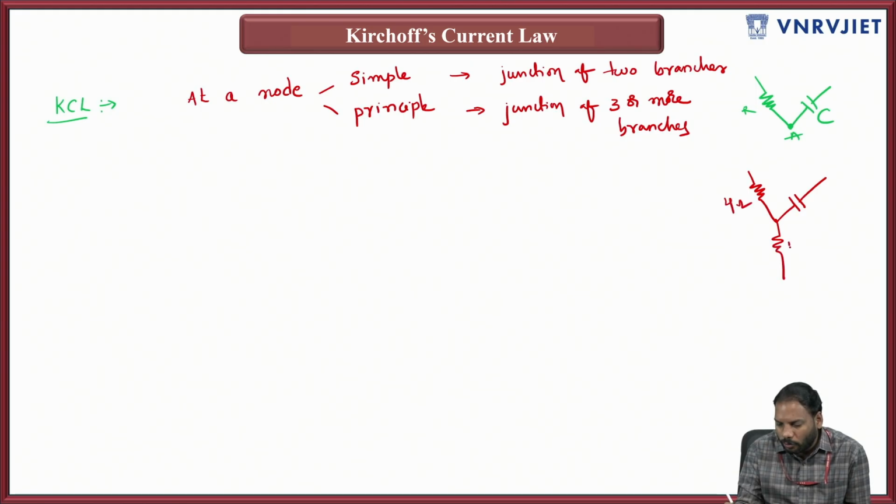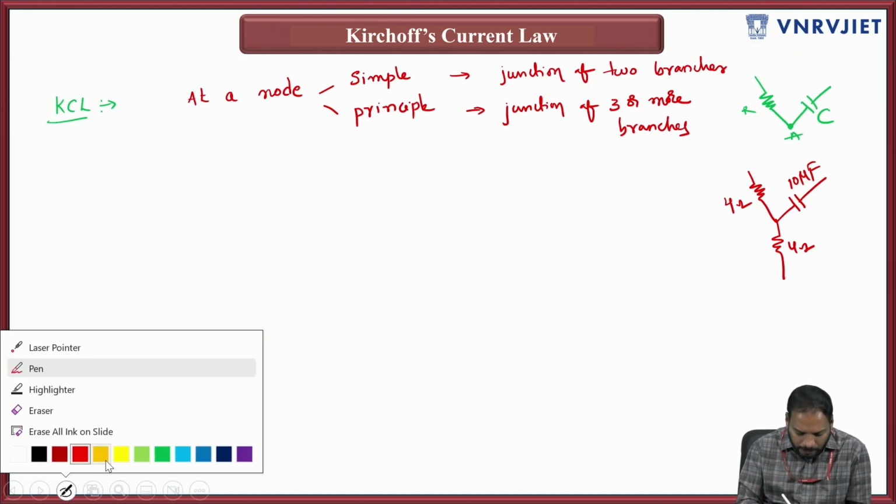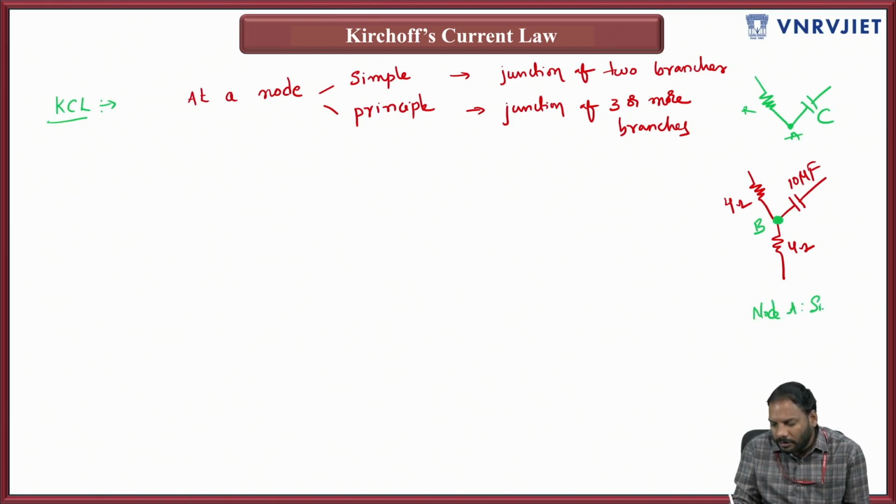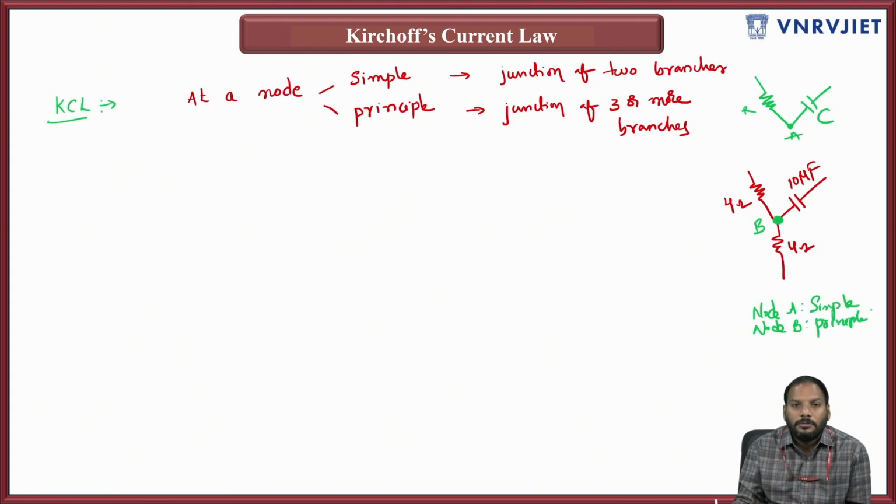Let us assume it is 4 ohm, and it is 10 microfarad. The node which is joining all of them, we can call this node B. In this example, node A is simple, whereas node B you can call the principal node.